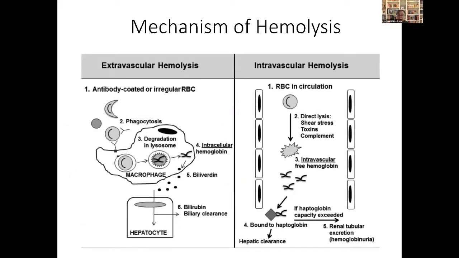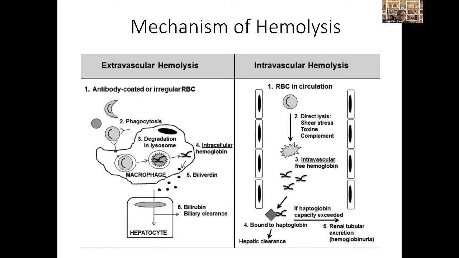Another way of classifying hemolysis is intravascular hemolysis versus extravascular hemolysis. What extravascular hemolysis means is that the red cell is destroyed not directly in the vasculature. A good example of that is autoimmune hemolytic anemia, where you have an antibody-coated red cell, or a red cell that has an irregular shape for whatever reason, for example, hereditary spherocytosis.